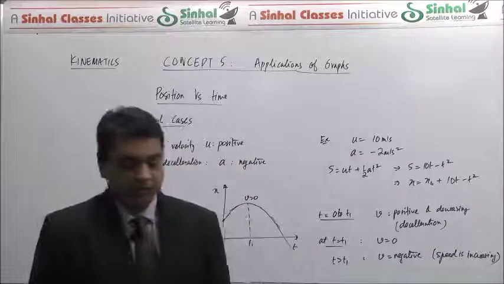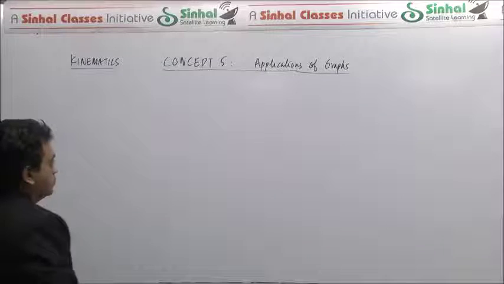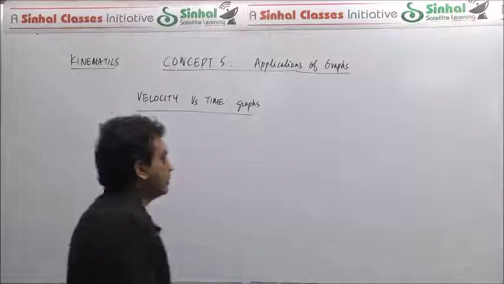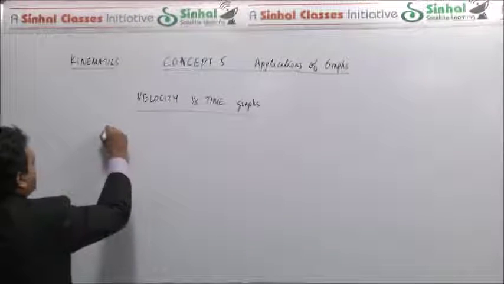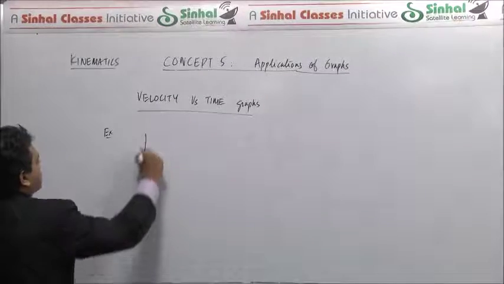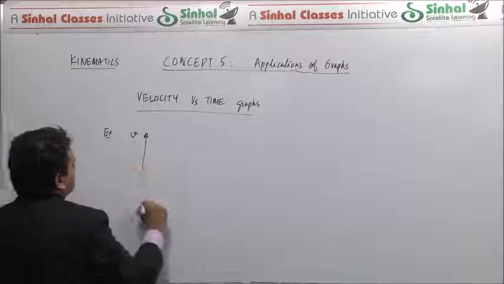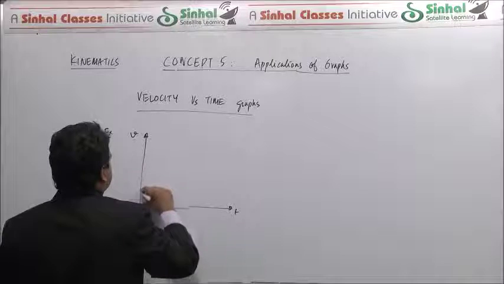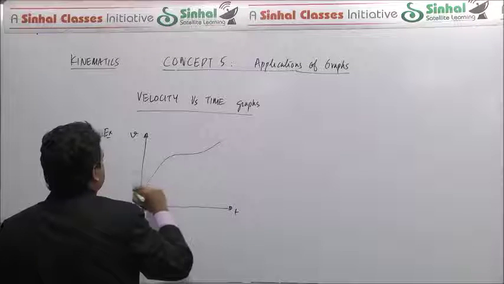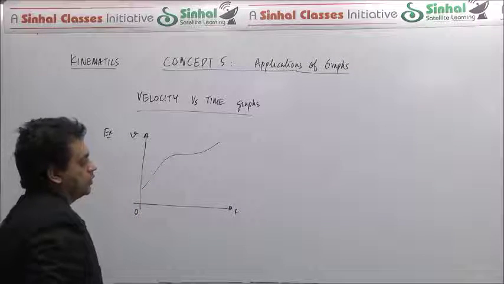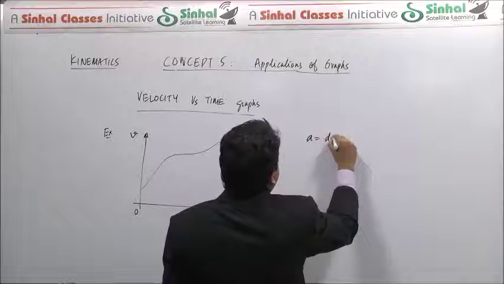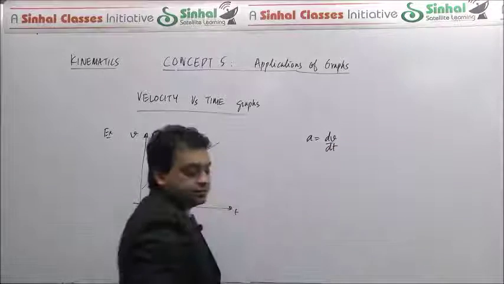Next, we will look at velocity versus time graphs. The important thing to remember about a velocity versus time graph, let's say this is the velocity. Now the first thing to keep in mind is that acceleration is rate of change of velocity.